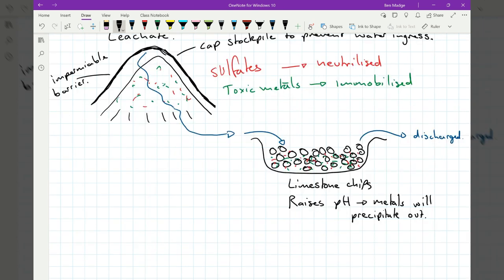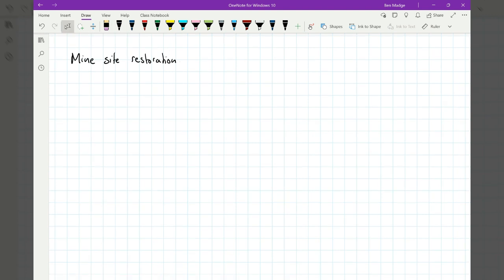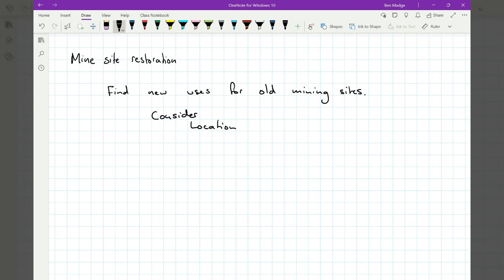And then the last thing we need to talk about is mine site restoration. So this is where we find new uses for old mining sites. We have to consider location, access to it.